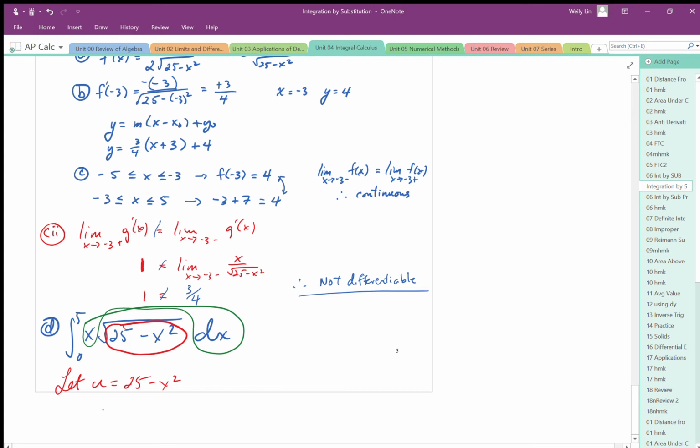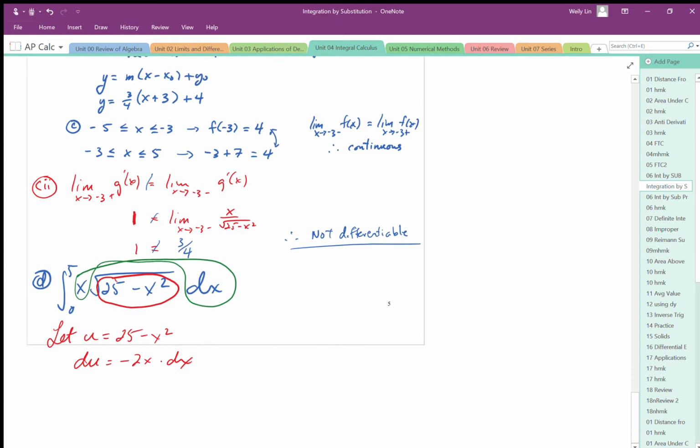Okay, du then is the derivative of that inside. Move the dx to that side, and sure enough, my negative du over 2 is equal to x dx, and that's the part that accommodates the outside portion, so I can set up my integral to anti-differentiate this.